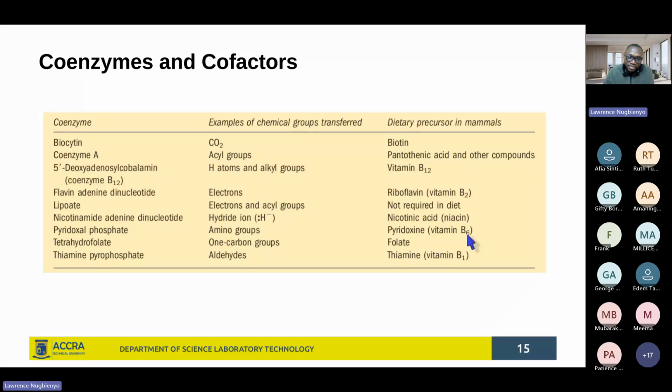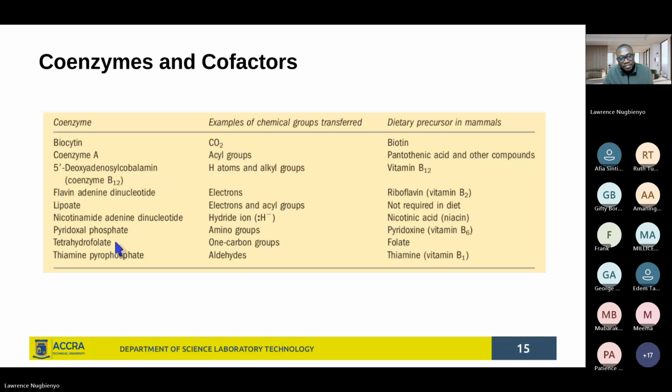And then you see the coenzyme is pyridoxal phosphate. So it means pyridoxine just gets phosphorylated, a phosphate group gets attached onto pyridoxine to make it active. And we'll see a lot of these phosphorylation processes which are involved in the activation of molecules.